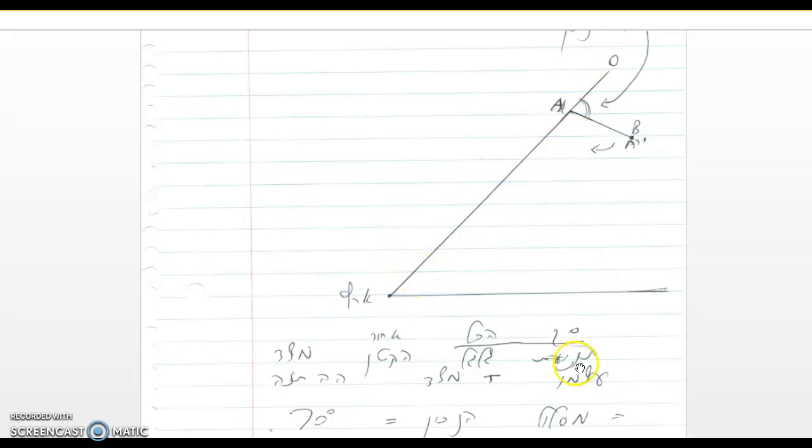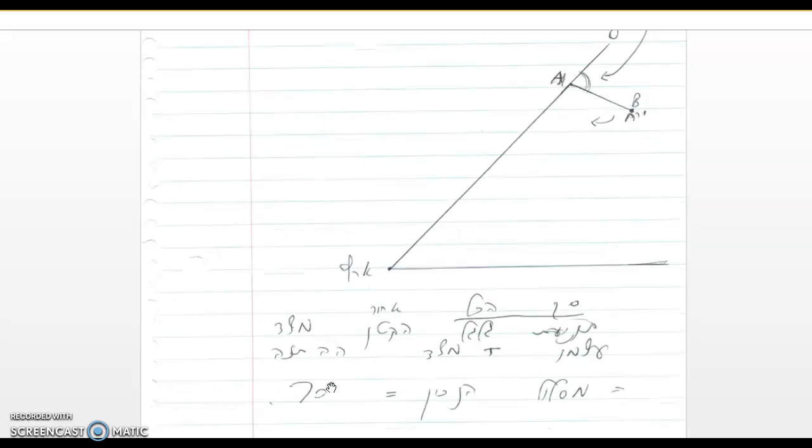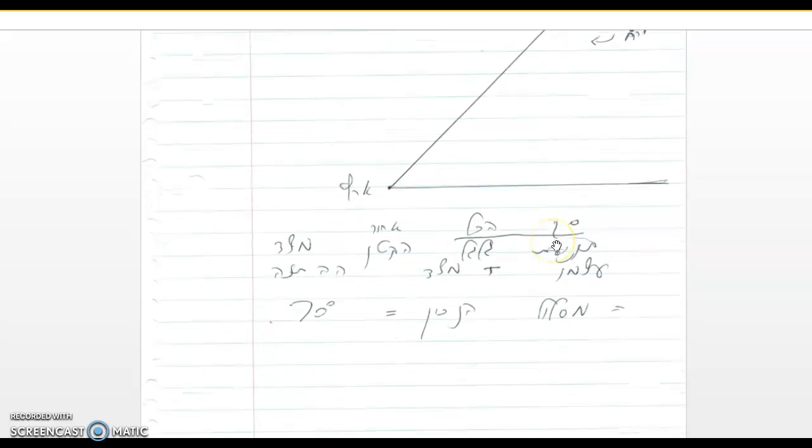So I wrote here Sach HaKol Achetanias Galgal HaKot Mitzad Atzmai plus Mitzad HaToze. I explained last week what that means. The Maslul HaNochen is right now 70. This angle here is 70.